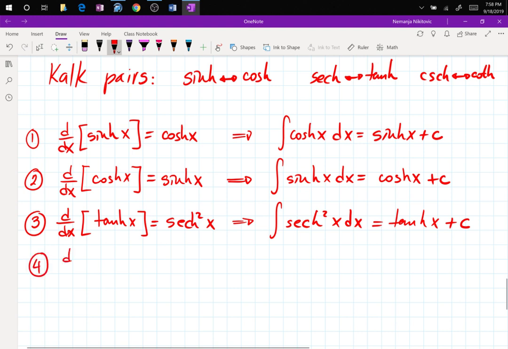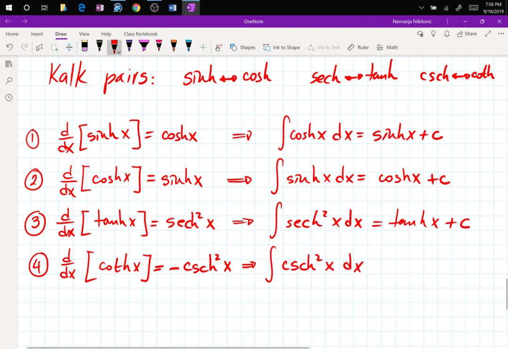Number 4 is the cotangent. So the derivative of cotangent hyperbolic x is going to give you negative cosecant hyperbolic squared x, which gives us that the integral of cosecant hyperbolic squared x dx is equal to negative cotangent hyperbolic x plus c. Nice one.